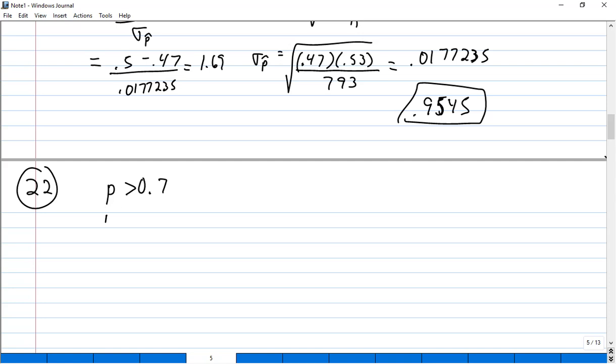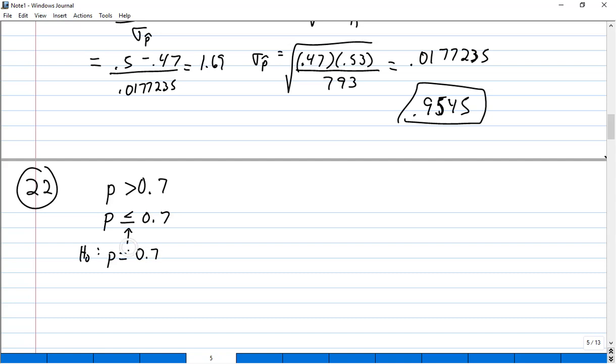What would the opposite of that be? P is less than or equal to 0.7. The one with equality, we change it into equals 0.7. All right, and so that has to be which one? That's our null hypothesis.